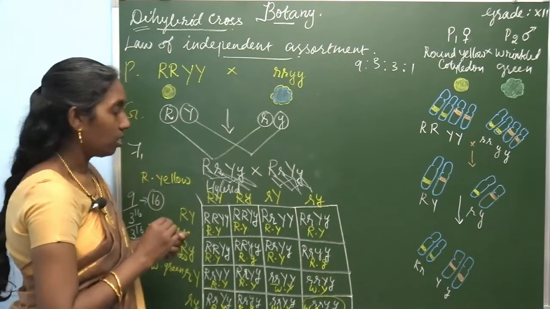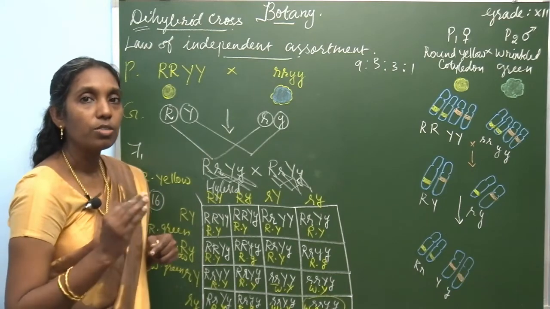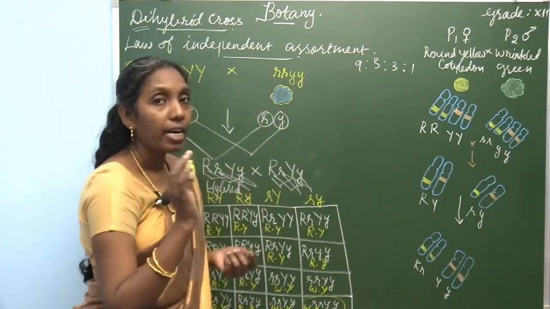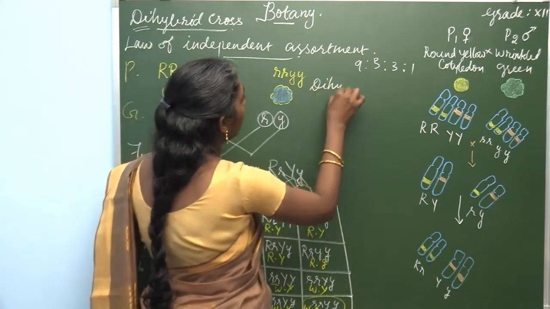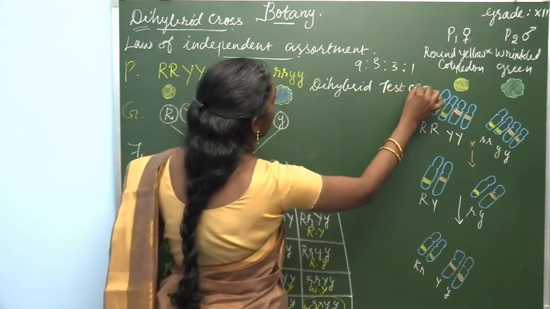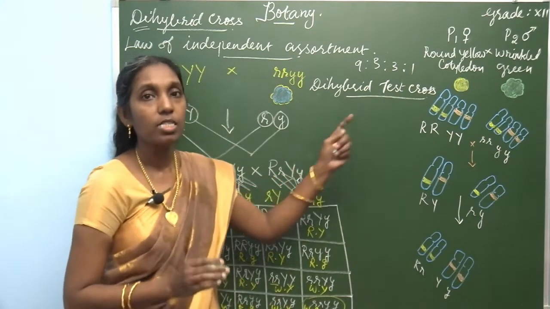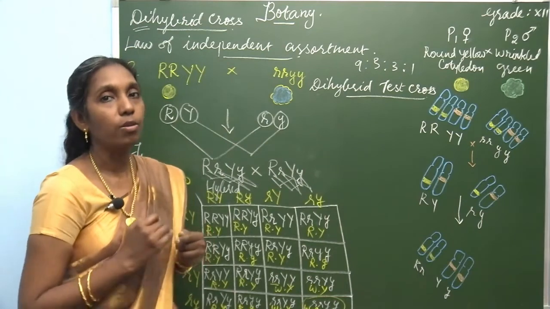Let's check how it is obtained. It gives the ratio 1:1:1:1. The question is the dihybrid test cross. A dihybrid test cross is a cross between a hybrid and a recessive parent.